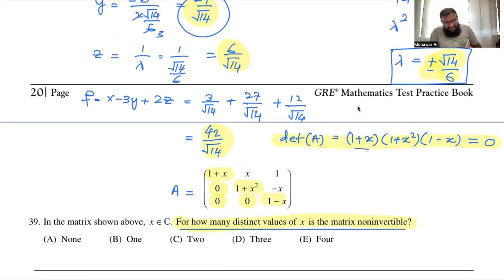You will set this equal to 0, you will get x is equal to -1. Set this equal to 0, you will get x is equal to 1. And set this equal to 0, you will get x equals plus minus i. So 1, 1, and 2. In total, these are 4 values. So the correct option is option E.